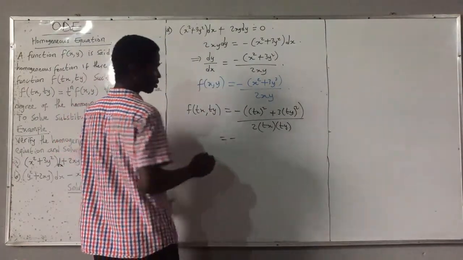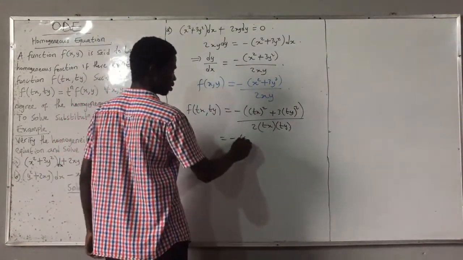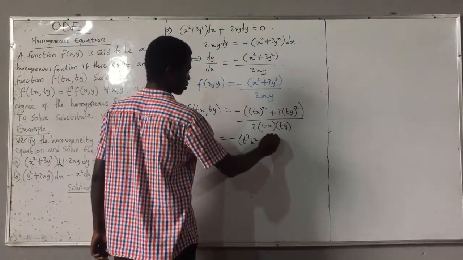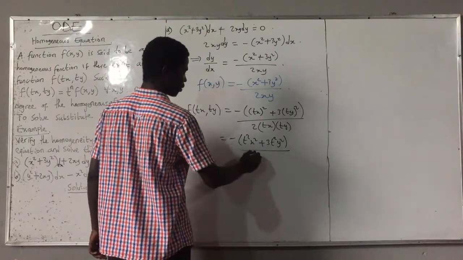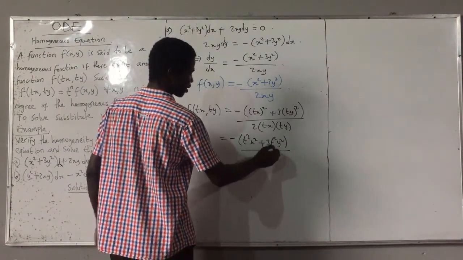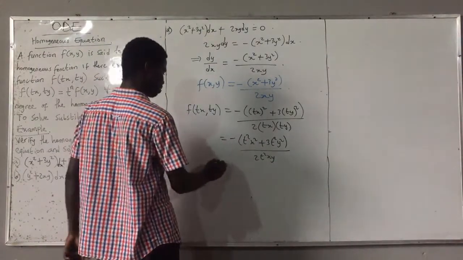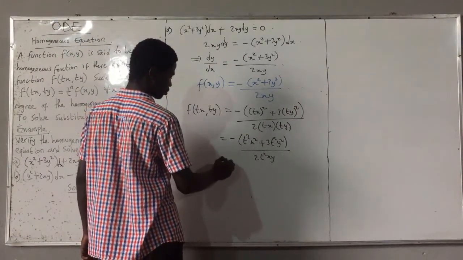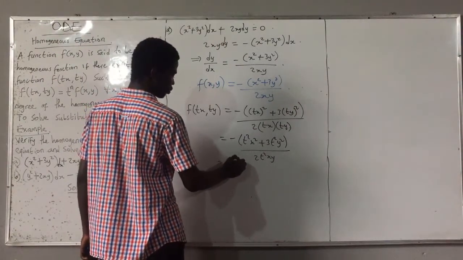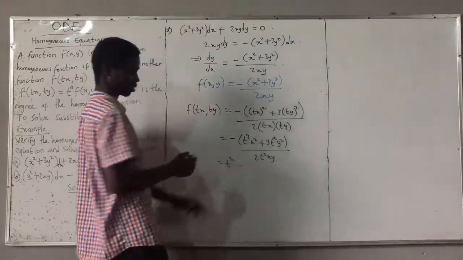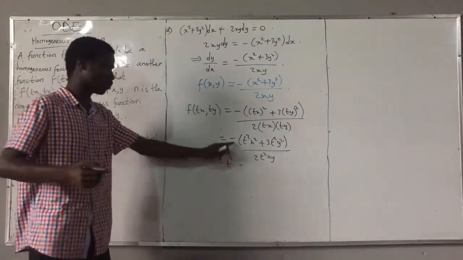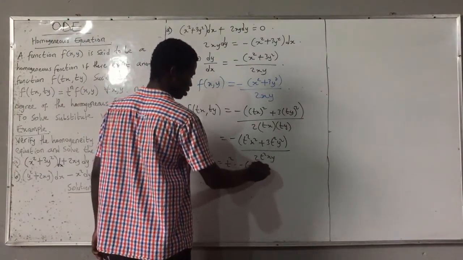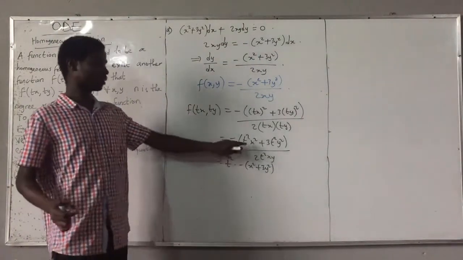This will give me minus t squared x squared plus 3t squared y squared all over 2t squared xy. t squared is common here, isn't it? If you factorize t squared, you'll be left with minus t squared times x squared plus 3y squared.